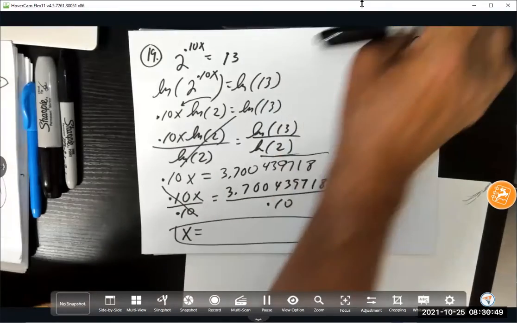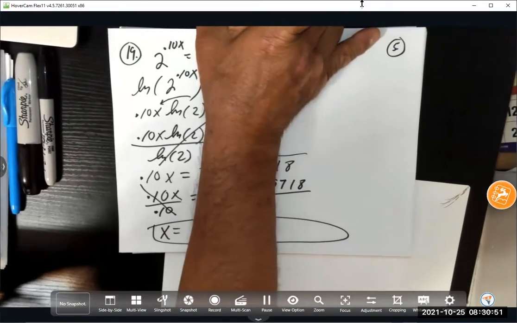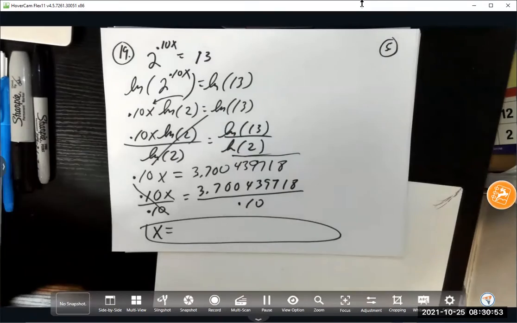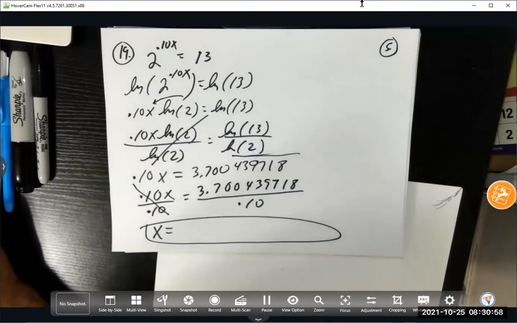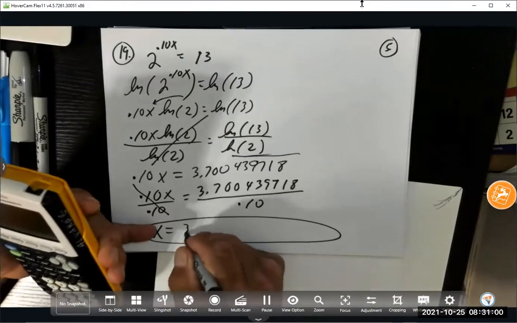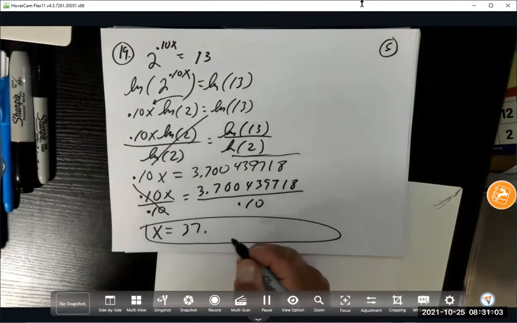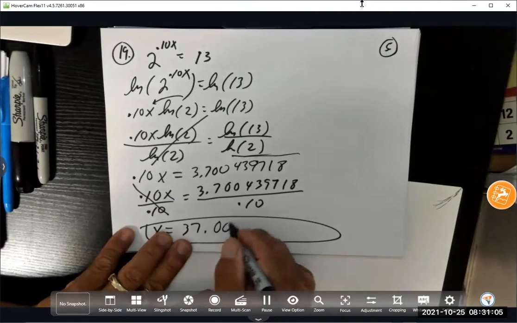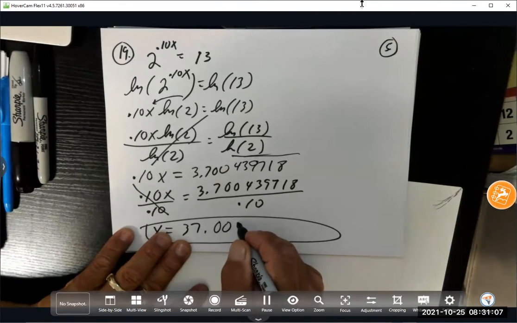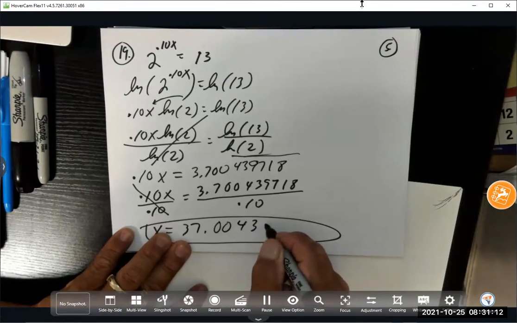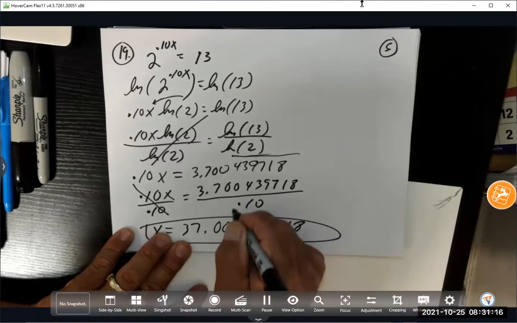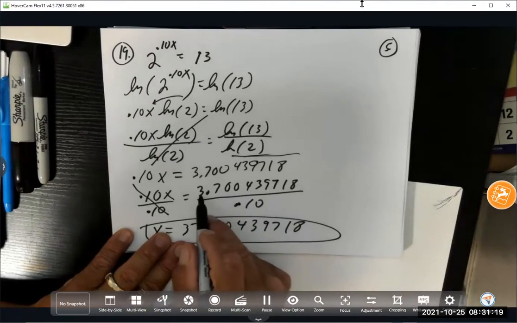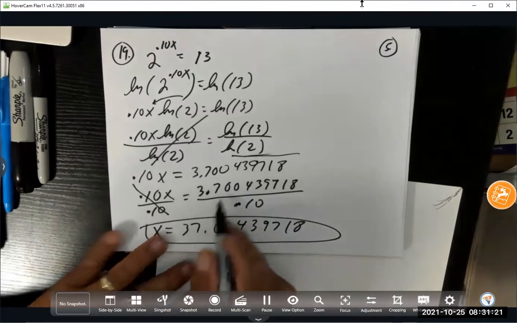What did you get? Okay, it is 37.00439718. So all it did is push the decimal to the right.